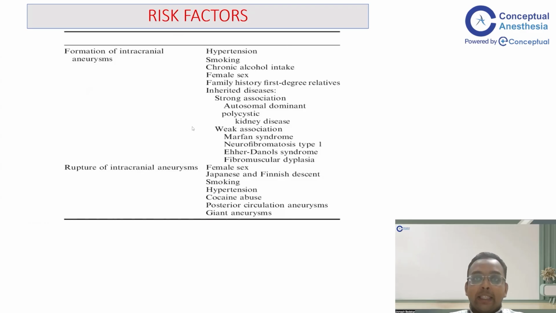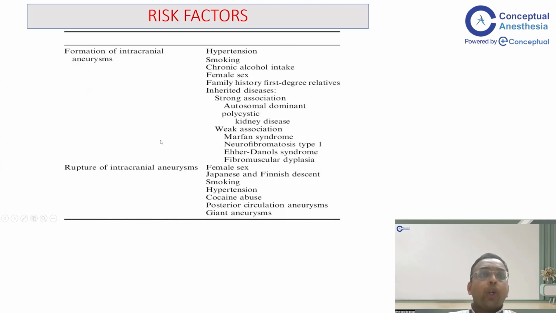Again, some inherited diseases have a strong association with cystic kidney diseases. So whenever someone of your family or a first degree relative is already diagnosed with autosomal dominant polycystic kidney disease, you have to get the entire family, especially the first degree relatives, screened for this condition. Then there are certain conditions like Marfan's syndrome, neurofibromatosis type 1, Ehlers-Danlos syndrome, and fibromuscular dysplasias. All these conditions have weak associations with intracranial aneurysm.